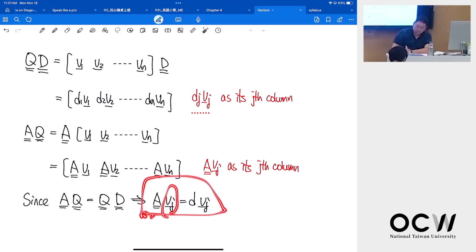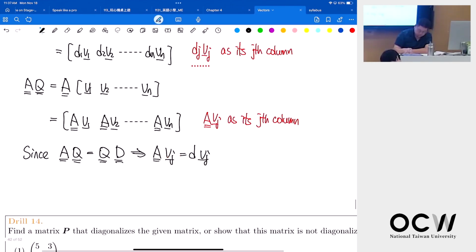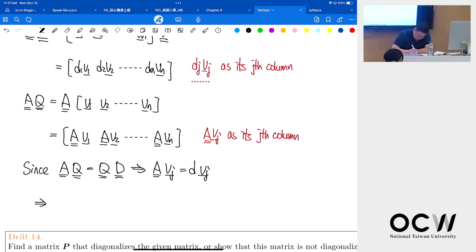A matrix times a vector becomes a scalar times a vector. So dj is an eigenvalue, with the corresponding eigenvector Vj.